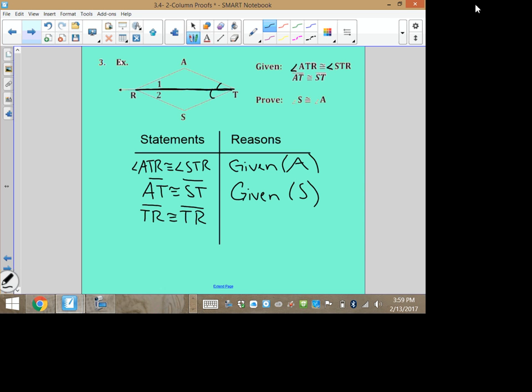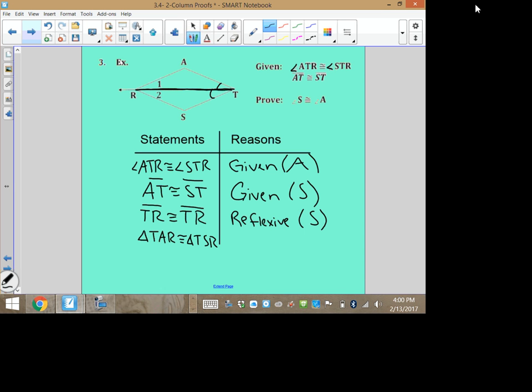And if something's congruent to itself, that's by the reflexive property. And that's another side. So then I know that triangle TAR is congruent to triangle TSR.